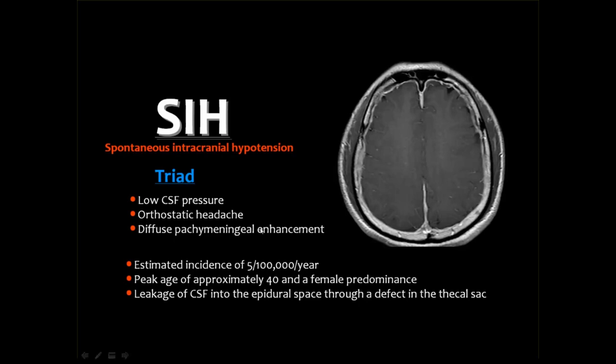It is characterized by a triad: low CSF pressure, orthostatic headache, that's to say headache when the patient's position is changed, and then by imaging, diffuse meningeal enhancement. The incidence is rare, about 5 per 100,000 per year, the peak age is around 40, and female predominance is known.